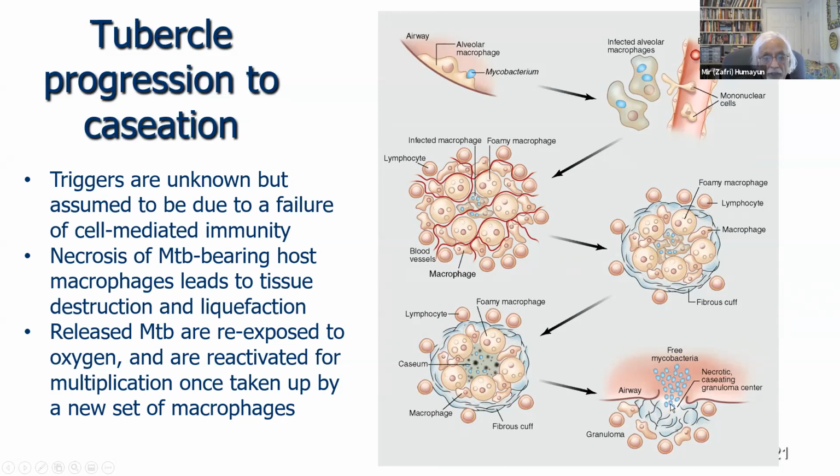When they're released in the lung, they're exposed to oxygen. Oxygen acts as a signal for reactivating what was formerly dormant Mycobacterium tuberculosis and prepares them for multiplication. But remember that they cannot multiply in an extracellular environment. They need to be taken up by new macrophages, and they can only multiply inside new macrophages.